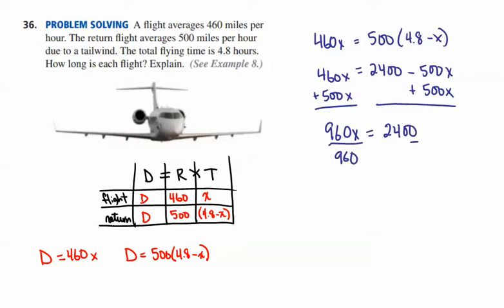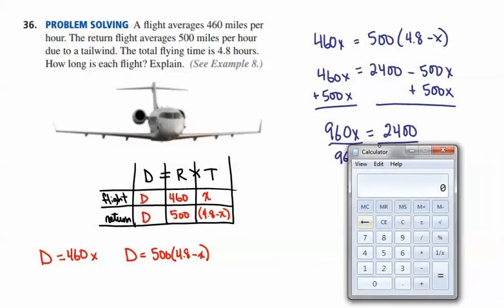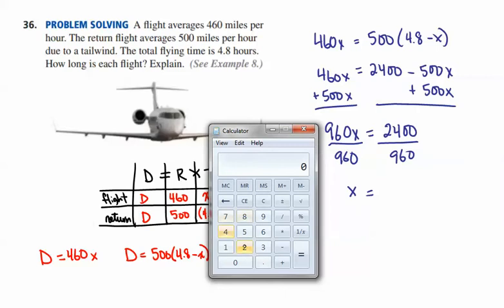Divide by 960, divide by 960, and so bringing up the calculator again, 2400 divided by 960 is equal to 2.5 hours.